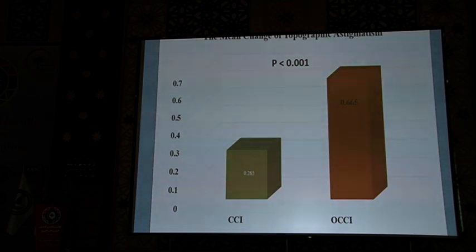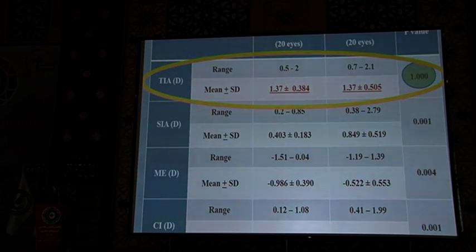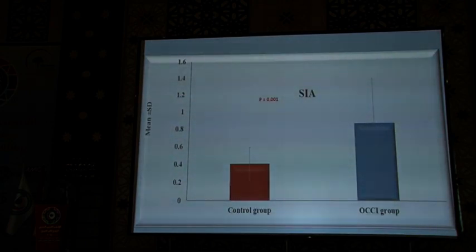This is the mean change of topographic astigmatism, and you can see that the change is more in the opposite clear corneal incision group, about 0.6 or 0.7, in comparison with 0.3 in the usual group. Initially, we started with nearly equal degrees of astigmatism in both groups. This is the surgically induced astigmatism, definitely higher because here we have two incisions.